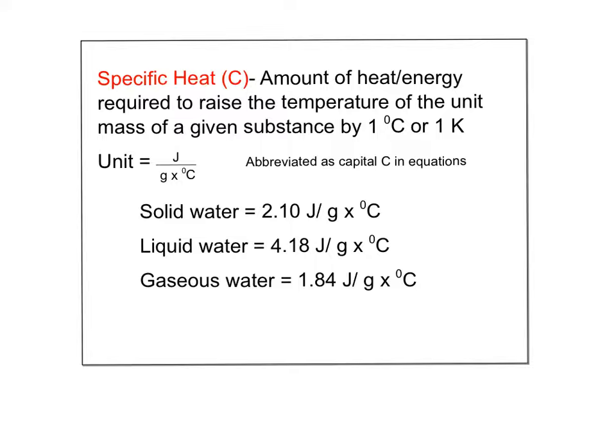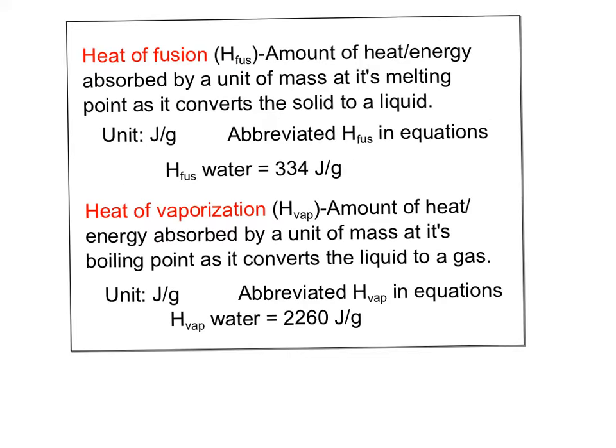We're going to focus on water today, so I already gave you the 3 values for water. I put both the heat of fusion and the heat of vaporization on the same slide because they're very similar. Heat of fusion is how much energy is required for 1 gram of a substance to be converted from a solid to a liquid or a liquid to a solid. And the heat of vaporization, same idea.